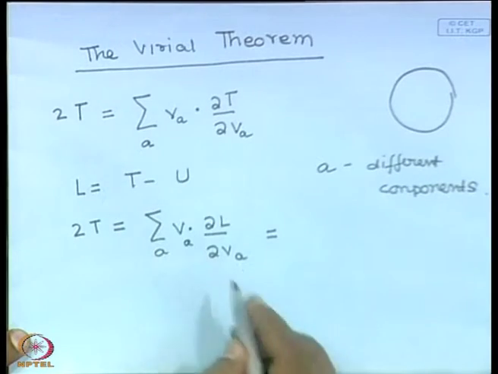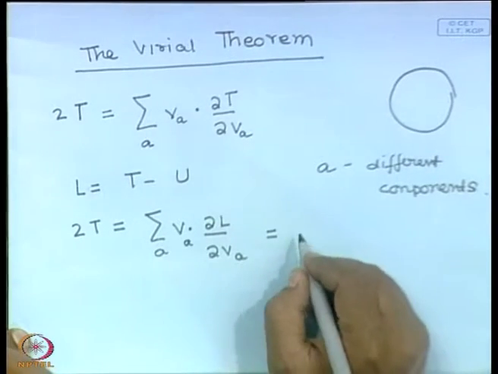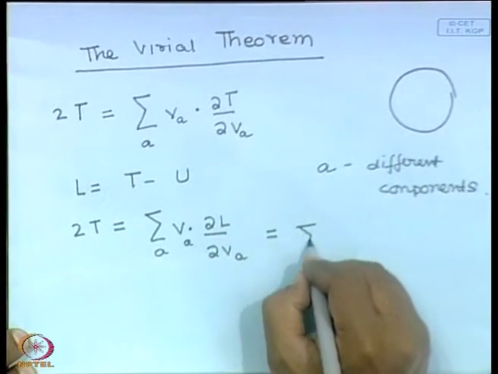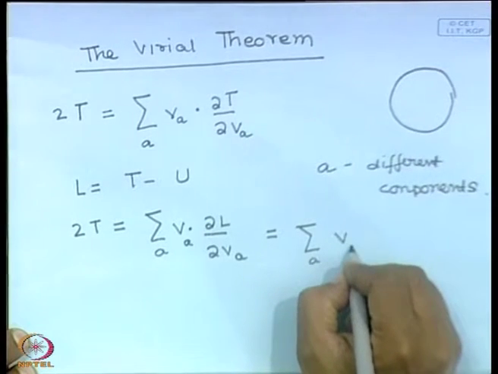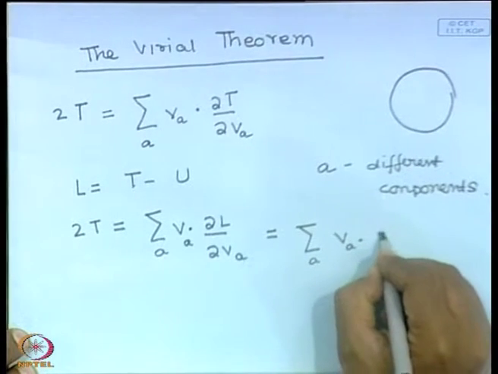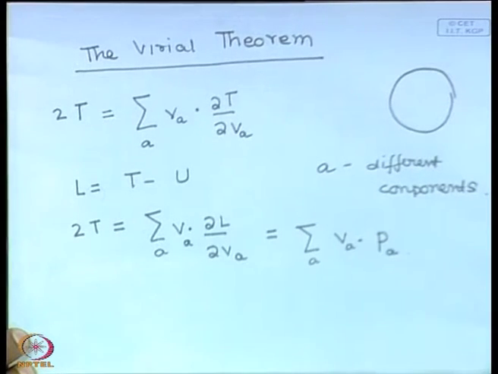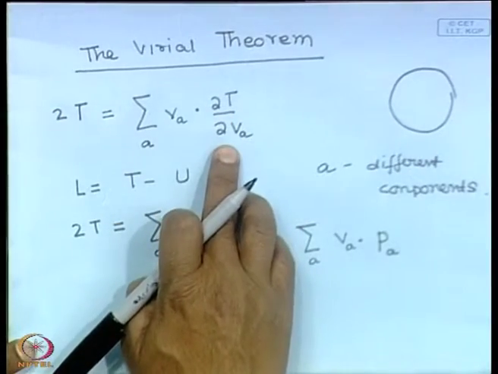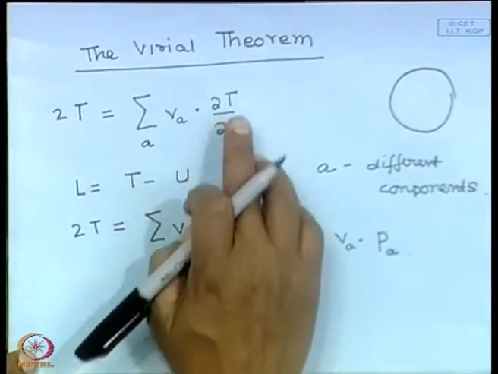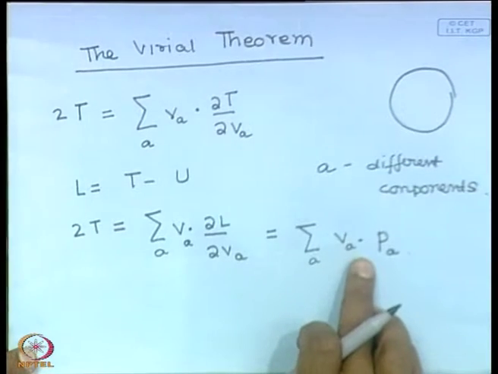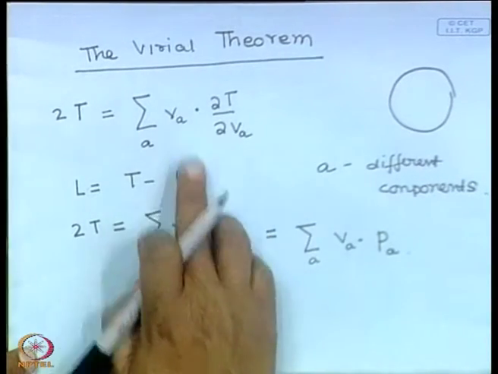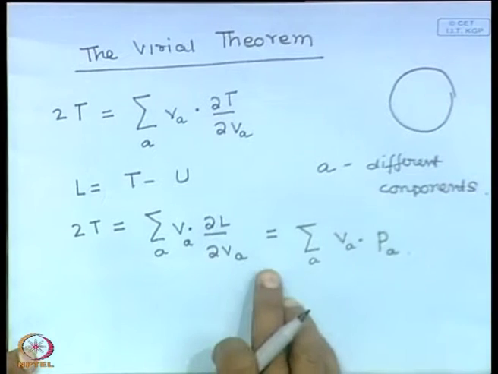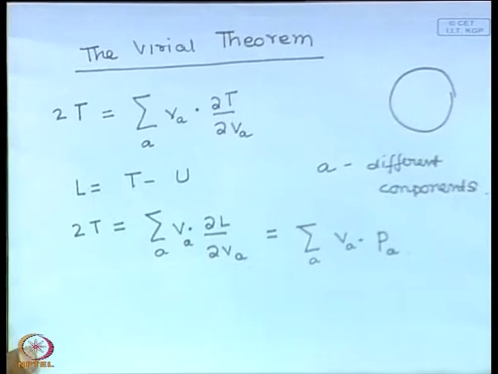We could have written it straight away, but anyway, this is equal to the sum of v_A dot p_A. Those of you who are not very familiar with classical mechanics, this is quite straightforward: if you differentiate the kinetic energy with respect to velocity, you will get mv, which is the momentum. So, this essentially is the velocity times the momentum summed over different components, that is twice the kinetic energy.